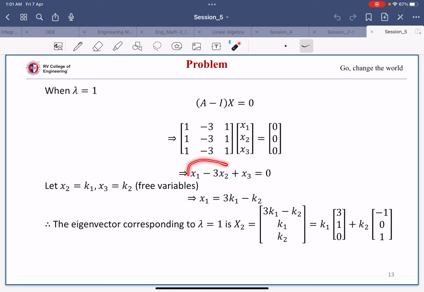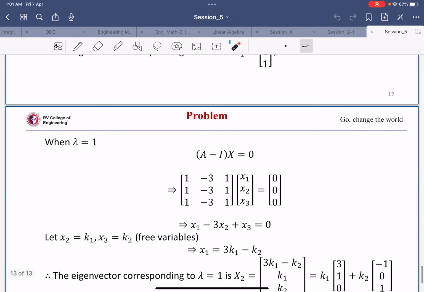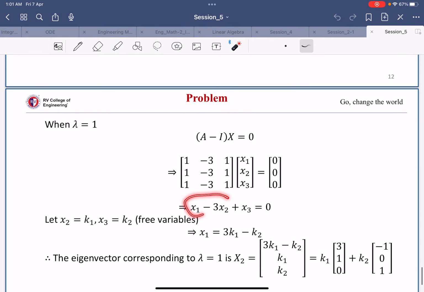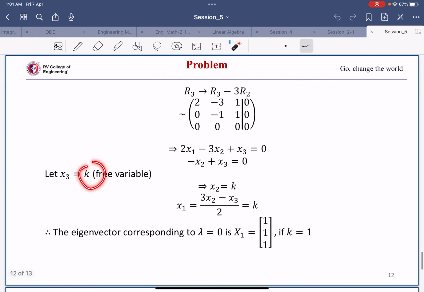So I'll end up with only one equation, three unknowns I have. So number of unknowns is 3, and what's the rank of the matrix? 3 minus 1 is 2. So 2 free variables we get, whereas here we got one free variable, right?